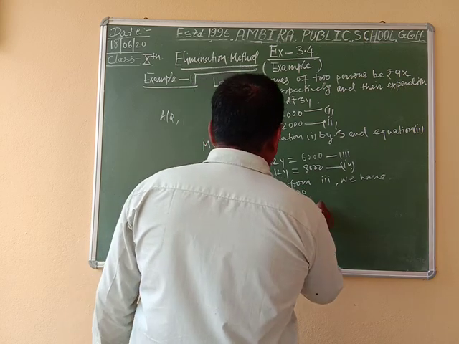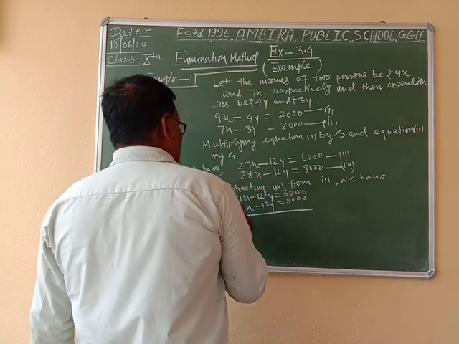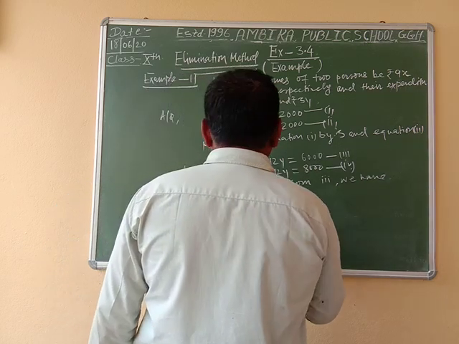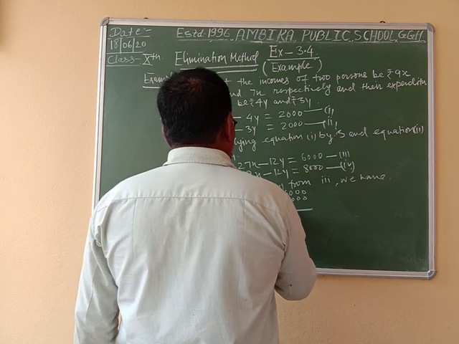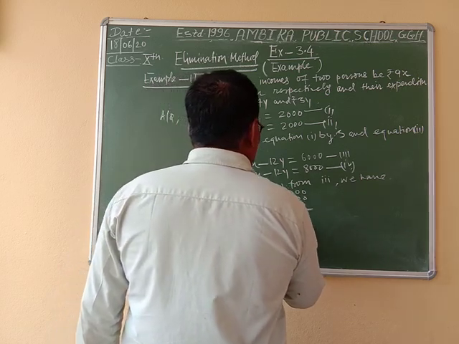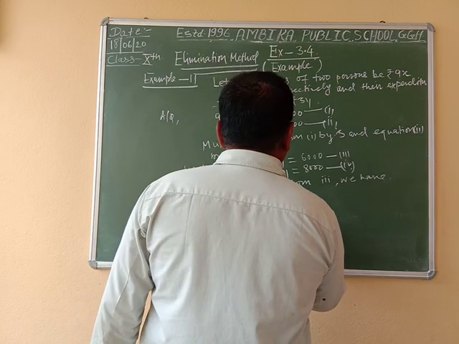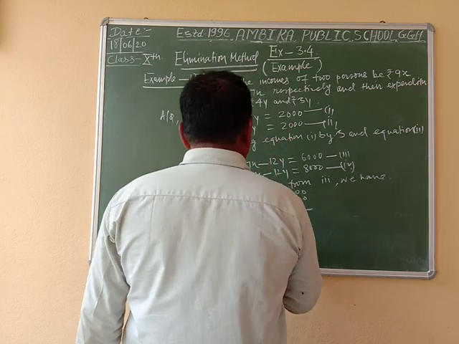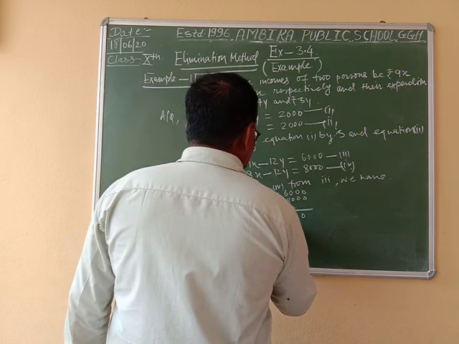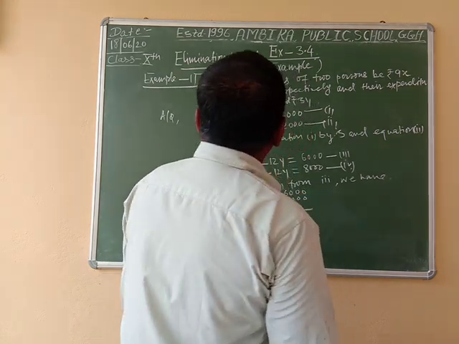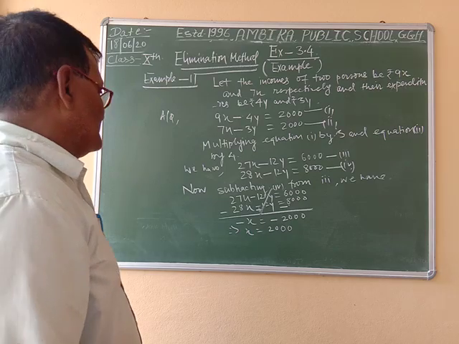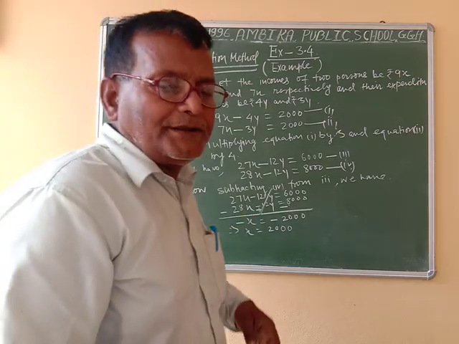On subtracting, 12y minus 12y cancels, and we get minus x is equal to minus 2,000. So x is equal to 2,000. X means the income of the first person is 2,000 rupees.